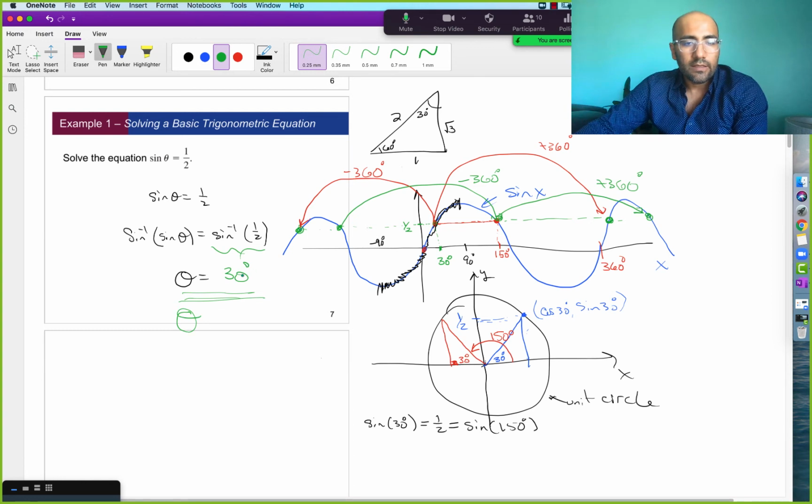Right? So theta equals 30 degrees, or theta equals 150 degrees in quadrant 2.